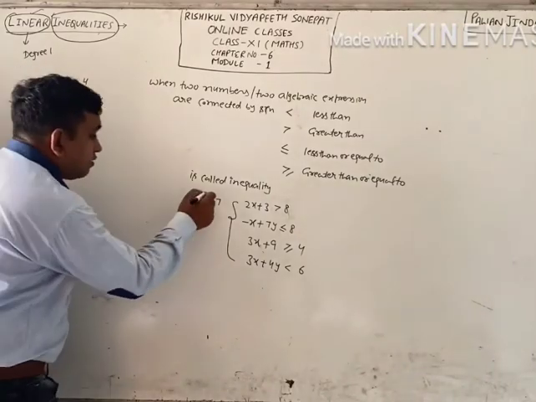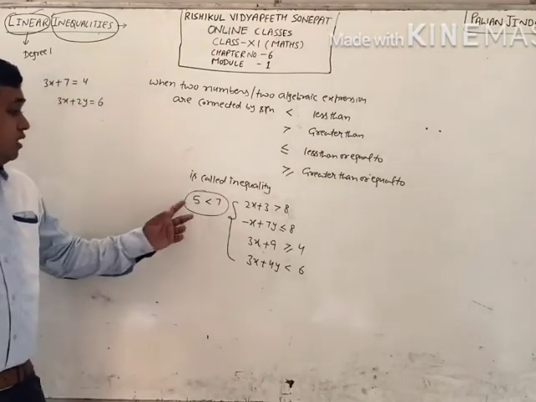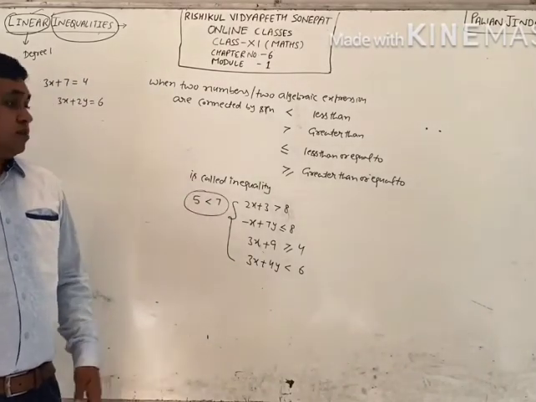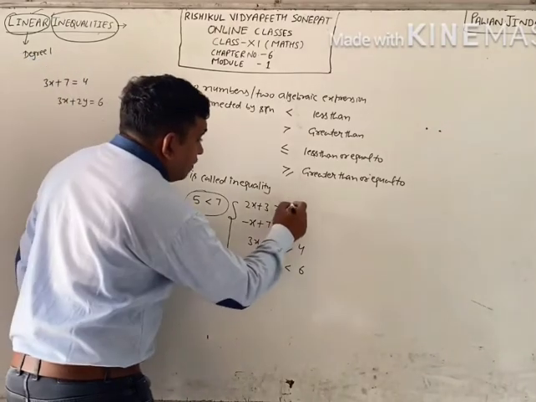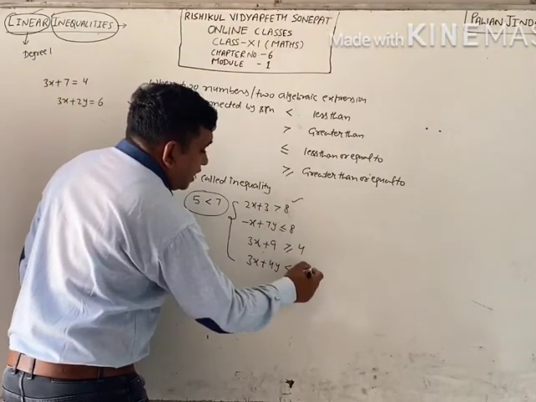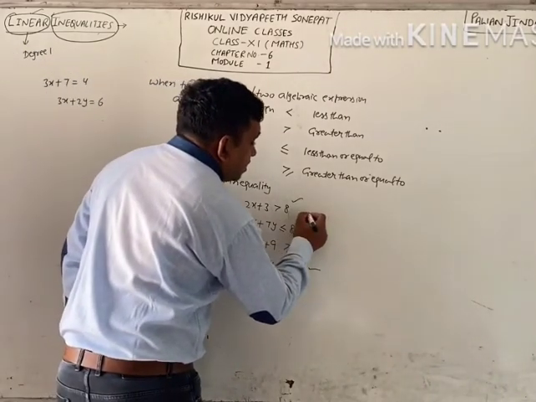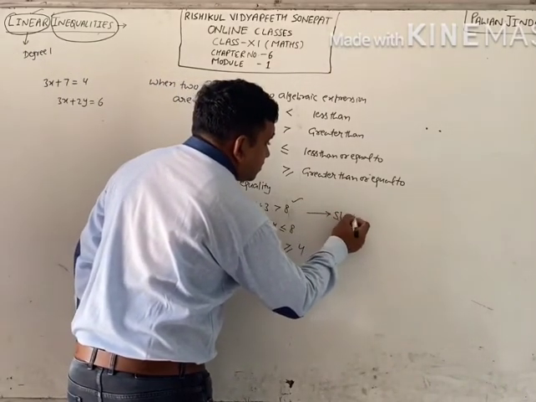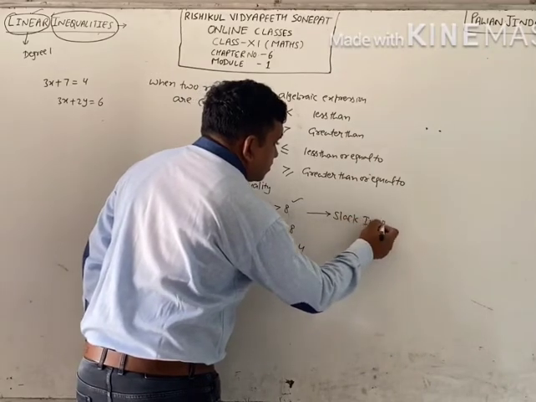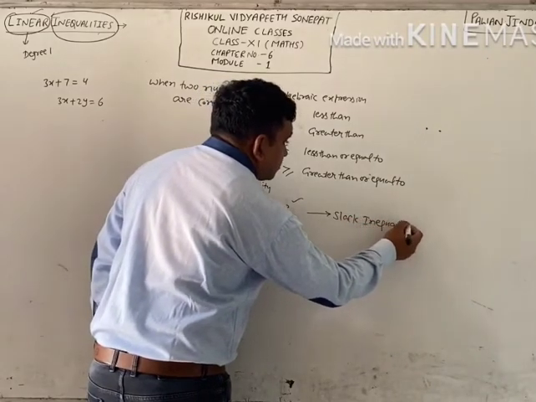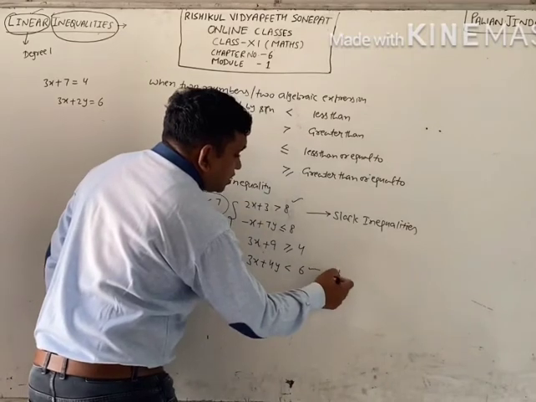This is also an inequality. This is inequality of two numbers. Now, where less than or greater than sign comes, these are called your slack inequalities. This is also your slack inequality.